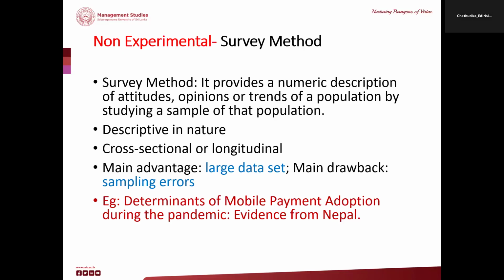So you can do a survey for this. The reason is that we know this is highly theorized, so we can measure mobile payment adoption. There are already developed instruments for that, so you can develop a questionnaire, collect data, and proceed with a survey.